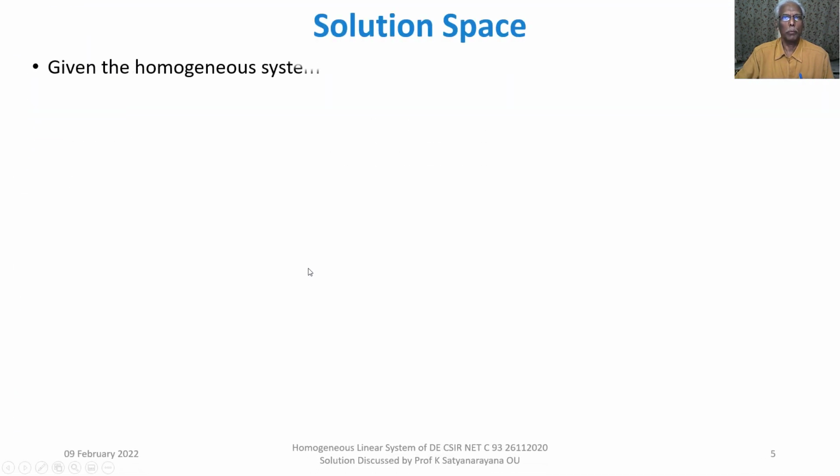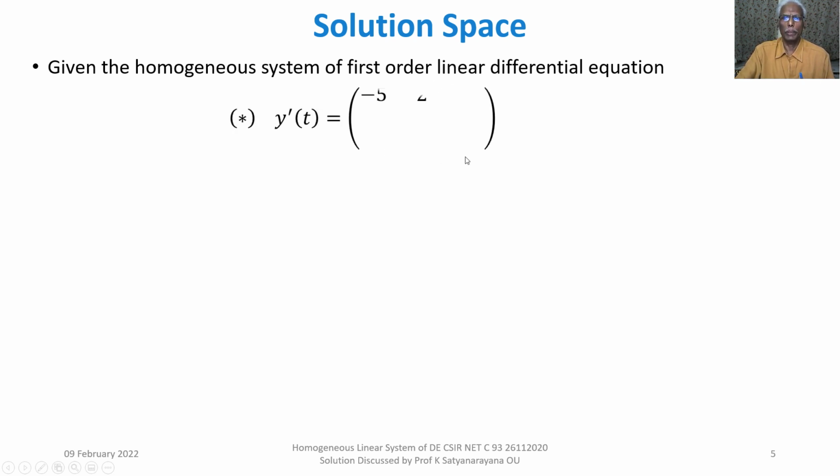Let's now discuss the solution of the problem. Given the homogeneous system of first order linear differential equations, y prime t is written as A times y of t, where A is this 3 by 3 matrix.